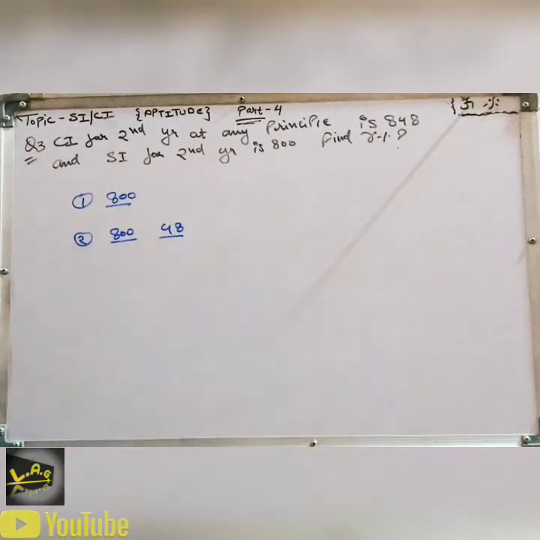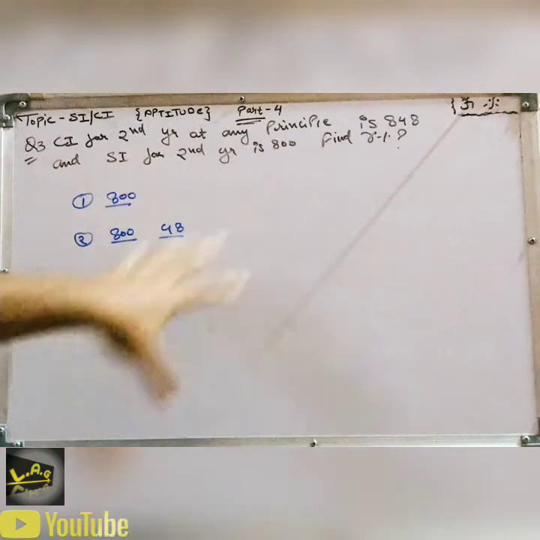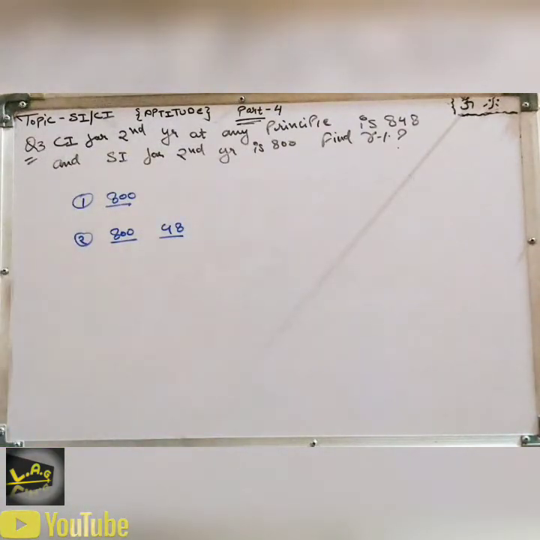I hope you understand. See, SI for the second year, now we are not calculating the type of how it can be done for the whole amount. We are just focusing on the year that has been given, particularly the second year. It is given as 848, and by default it will come from 800.